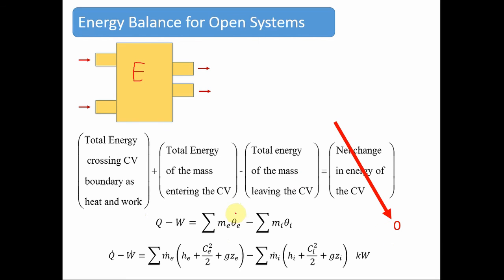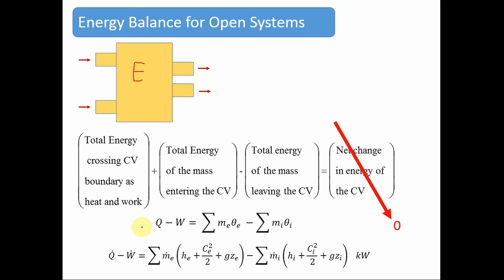Then our equation simplifies to net heat and work transfer being equal to the amount of energy brought out from the control volume with the mass, minus the amount of energy transferred into the system with the mass. You can further introduce the rate of heat and work transfer, because that is more important for us in engineering analysis.